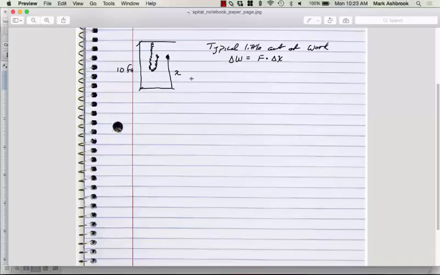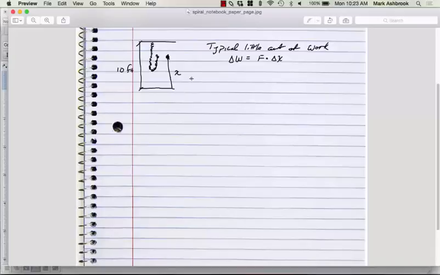So if we lifted the bottom of the chain x, the amount of weight is going to depend on x, right? So the more that we move, the more that we lift x, what's going to happen to the weight? It's going to be heavier, it's going to increase. So it can't be a constant number. It's going to be a function of x, this amount of force, the amount of weight.